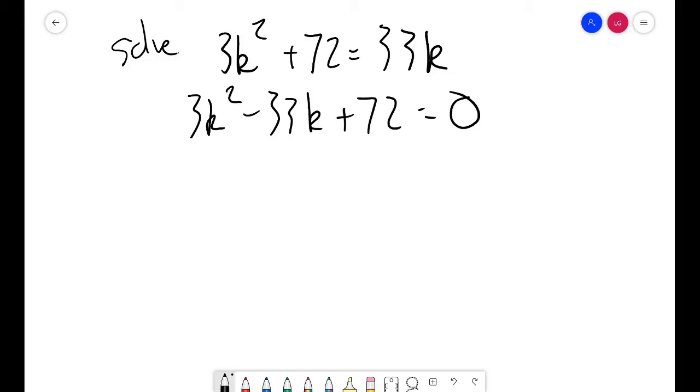In essence, we're curious about when this equals this. But if those two things are equal, then they subtract to 0, right? They're the same number, difference is 0. So we can rewrite to say -33k on both sides, subtract it, and it rewrites in this equivalent equation form.